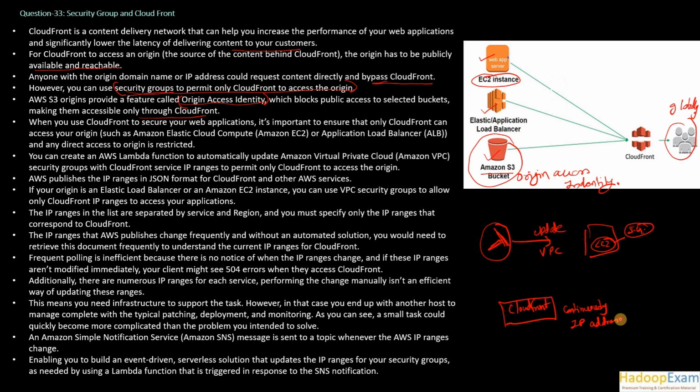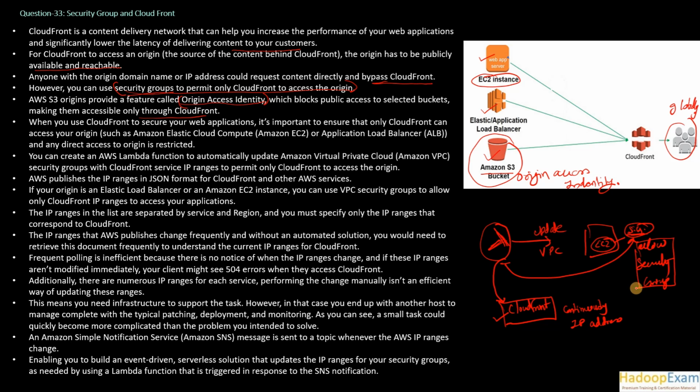Now you need to update the security group frequently, as soon as the CloudFront IP addresses are updated. So Lambda would query the CloudFront service, get the list of IP addresses, and update the allow list of the security group. That is what you need to design here, correct?